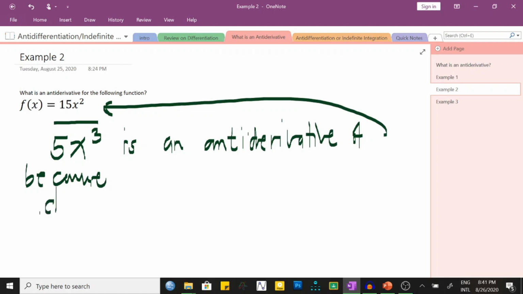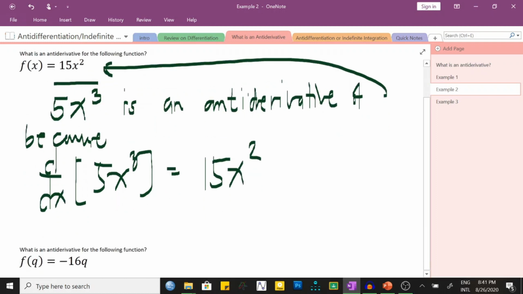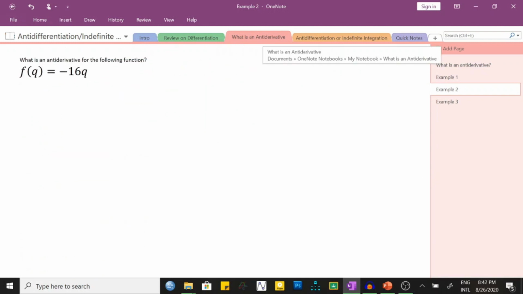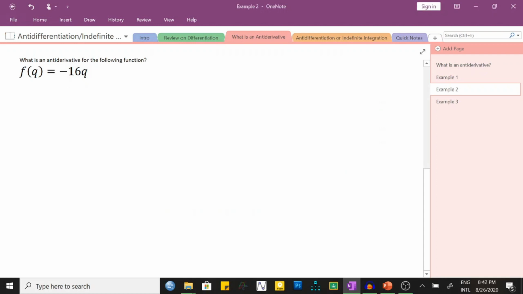Because when we take the derivative of 5x cubed, it would give us 15x squared. That simple. We have another function here. What is an antiderivative of the following function? We have f of q equal to negative 16q. What is a possible antiderivative for this one?